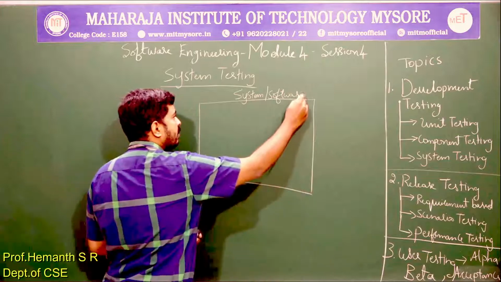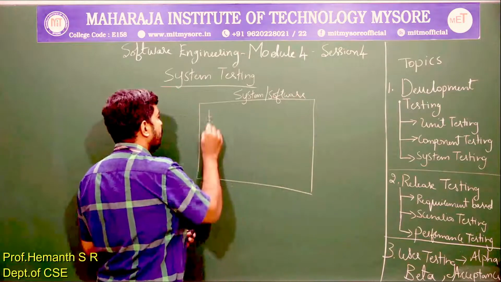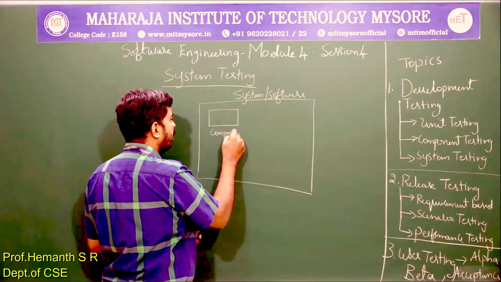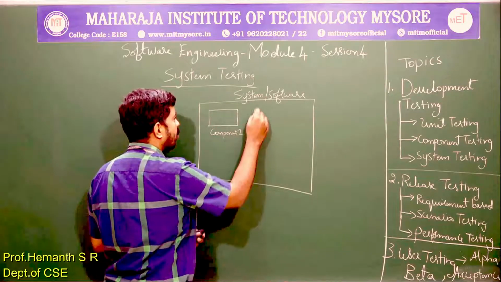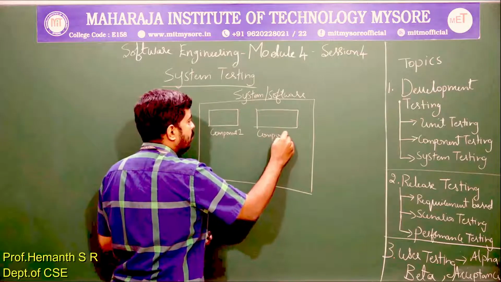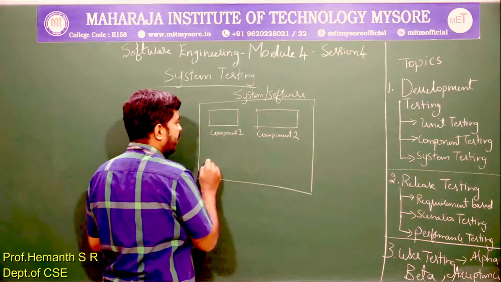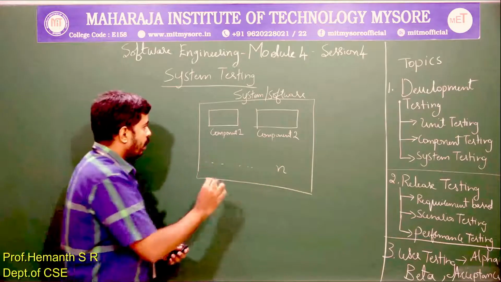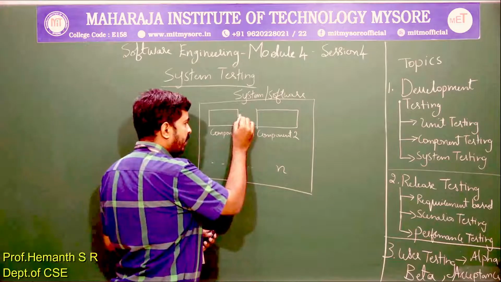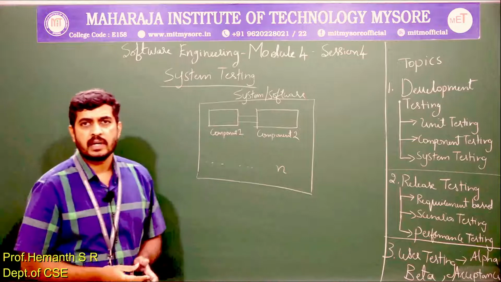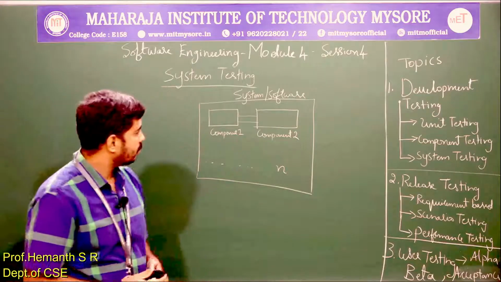So we can have some components here. Let us say component 1, component 2. So like this I can have n number of components. Okay. Also we understood each component will interact with other components using interfaces, which I have indicated by a line joining the two components. Okay.